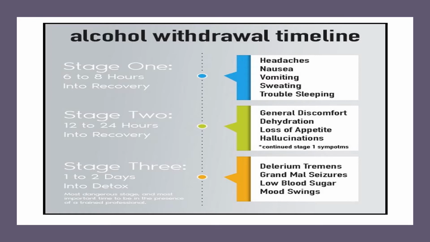Remember, alcohol is a CNS depressant. Your brain has become used to being suppressed and inhibited, and now the alcohol is being removed. So you're starting to get a bit more agitated. The brain is now waking up saying, where's the alcohol that I've had for many months or years? That's where the vomiting, the sweating, the insomnia comes from.